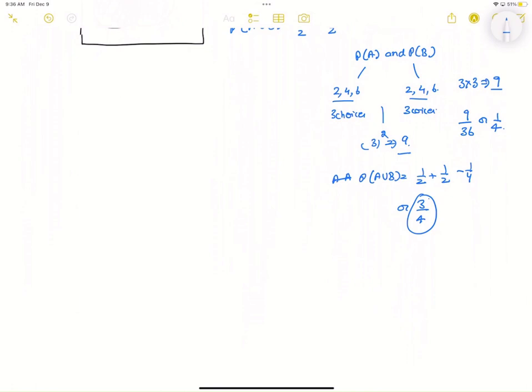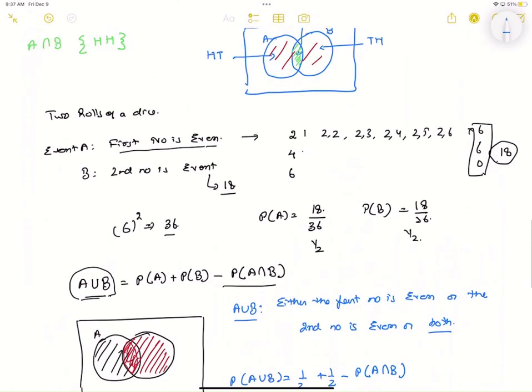One question that will come up is, the event A is the first number is even: 2, 4, 6, and the second number is even: 2, 4, 6. Why do we have to do this complicated math to figure out how many total outcomes there are?